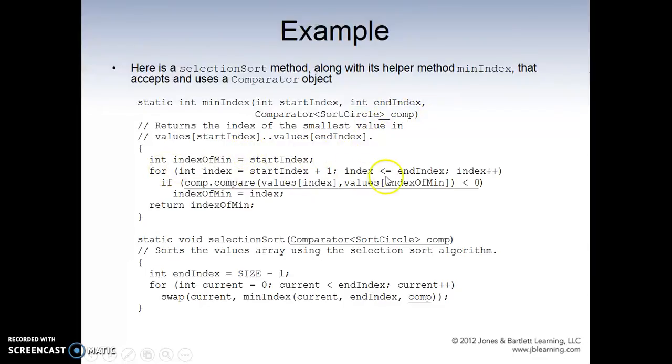So we iterate through the list. We compare objects with comp.compare, comparing the two objects at each index. We see if it's less than 0, then we have the new index.